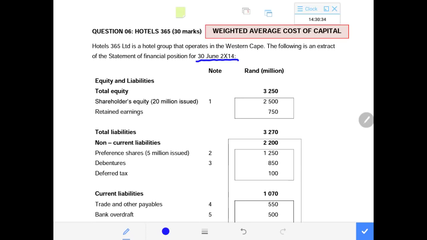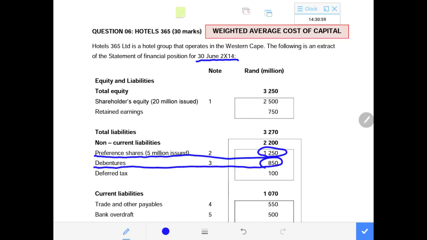We have the equity and liabilities, with total equity made up of shareholders' equity, 20 million issued, and retained earnings. We have preference shares, which are very importantly likely to be used in this question. Then we also have debentures of 850 million, and those are the two major financial instruments that will be used.